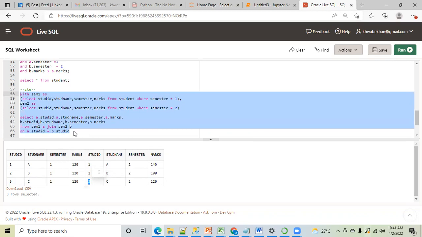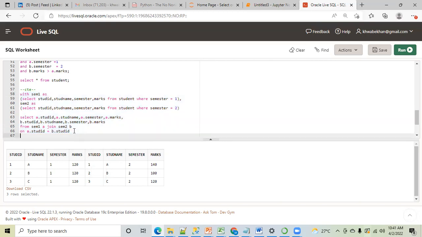Now coming to the question. As per the question, what do we have to compare here? Marks. Very good. Which semester marks with which semester? Second semester with the first semester.